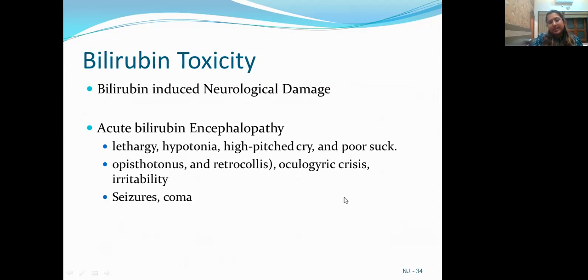And once the last stage has appeared in acute bilirubin encephalopathy, the baby tends to have bilirubin-induced neurological damage and residual damage. So bilirubin-induced neurological damage is when the baby develops palsies related to bilirubin encephalopathy, and also it could be in the form of hearing loss because of cochlear bilirubin toxicity.